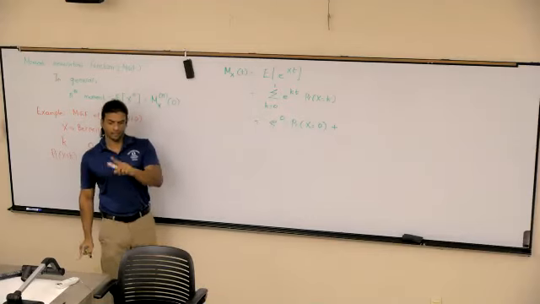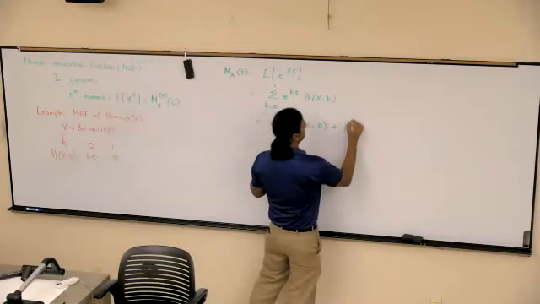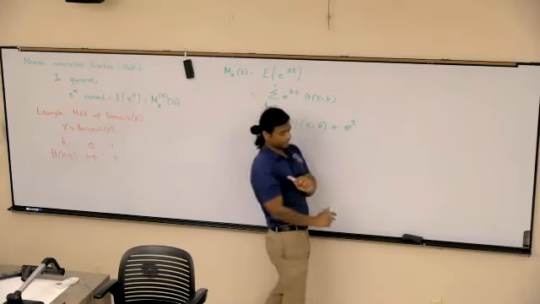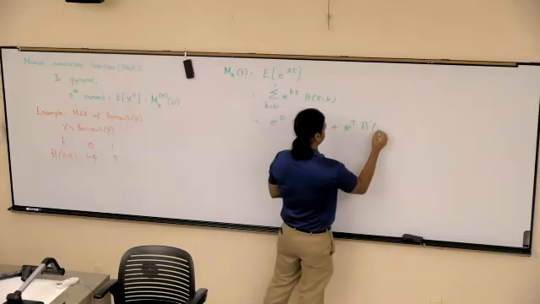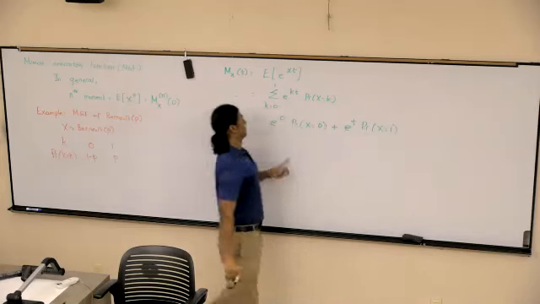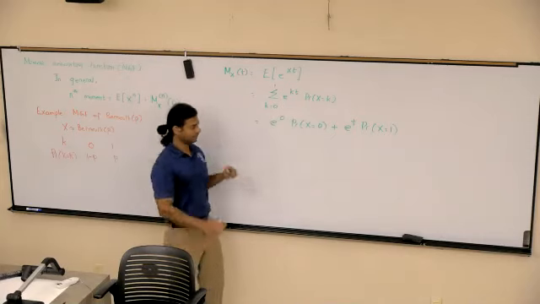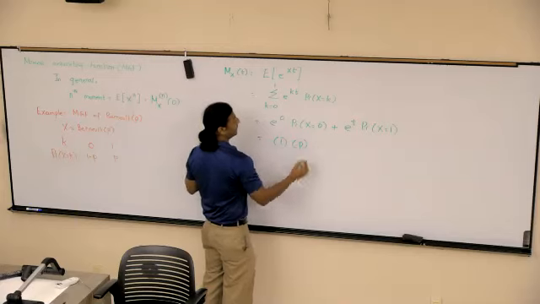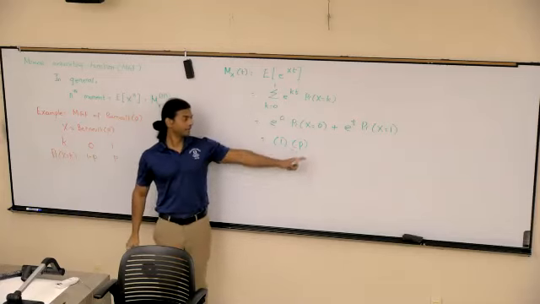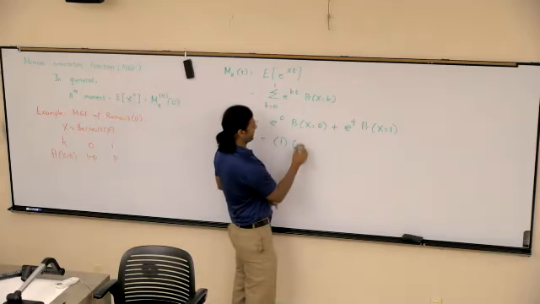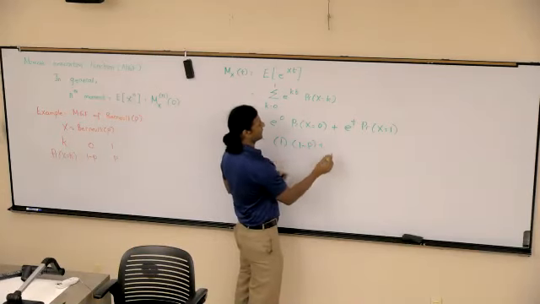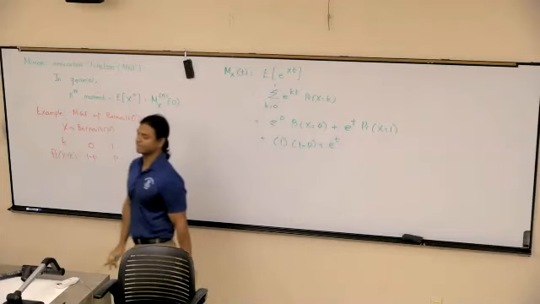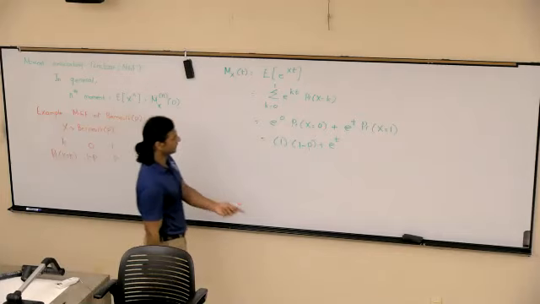And then when k is equal to 1, I will have e raised to t multiplied by the probability that X is equal to 1, which is simply p.